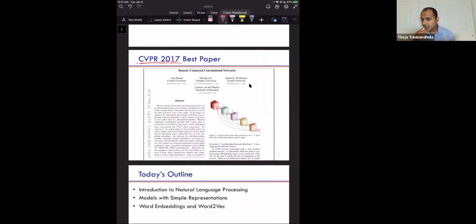In 2017, one of the best papers was a paper called Densely Connected Convolutional Networks. Many of the things that we're seeing in this course are relatively new. If not last month, they're probably 5 years old or maximum 10 years old.